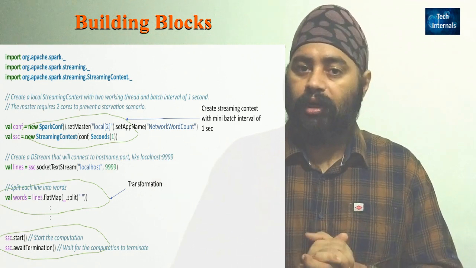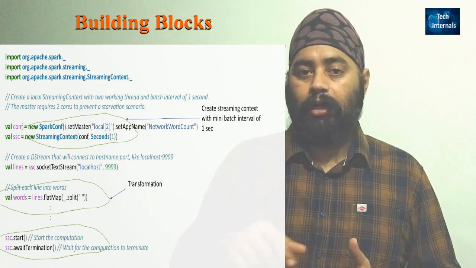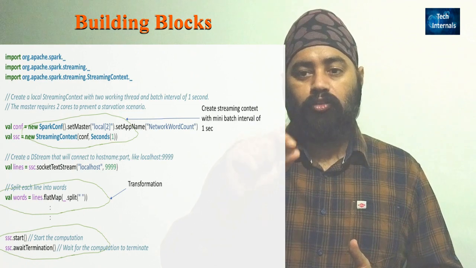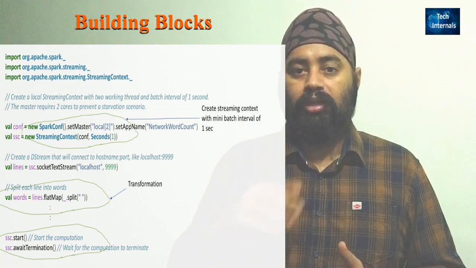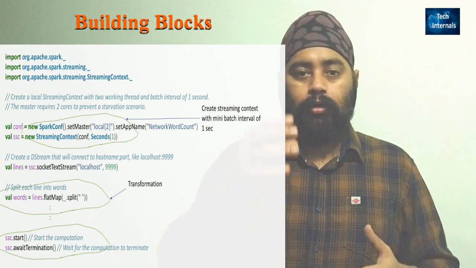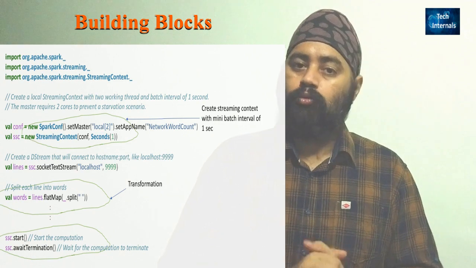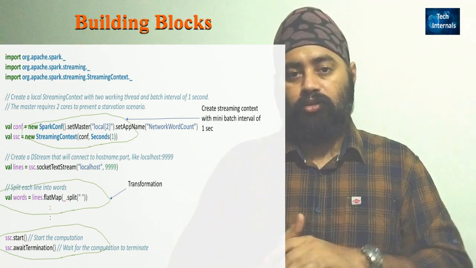These things we have defined will not start until we call the Spark streaming context start. At that time it starts receiving data from that particular source, does the operations, and stores the output to a particular location. So this is the basic way it processes.